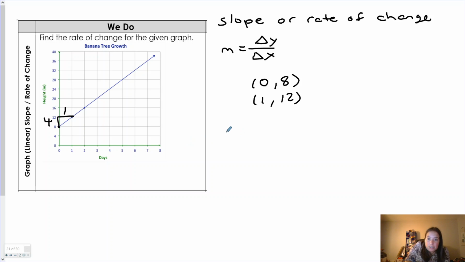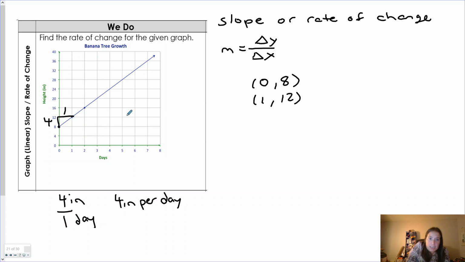So that makes our slope, just looking at the graph, 4 over 1. 4 inches of growth for 1 day, per day. 4 inches per day is the rate of change of this banana tree.